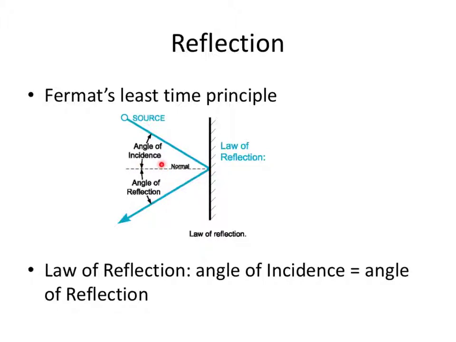The law of reflection, which also obeys Fermat's least time principle, says that the angle of reflection is going to be equal to this angle of incidence. So if this were to be 30 degrees, for example, this will also be 30 degrees as the light moves off.